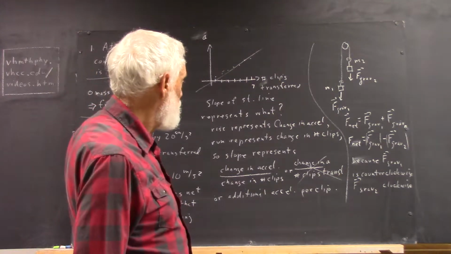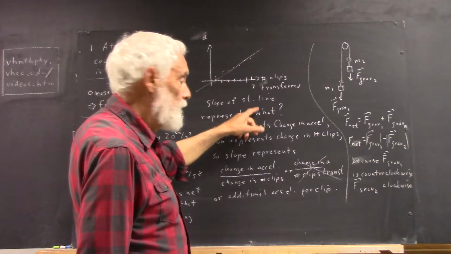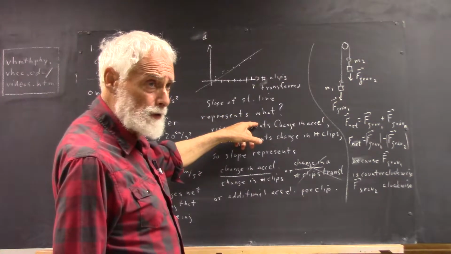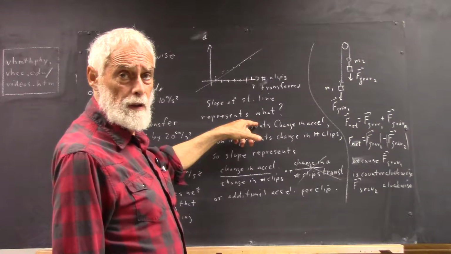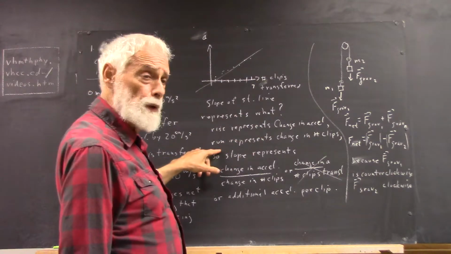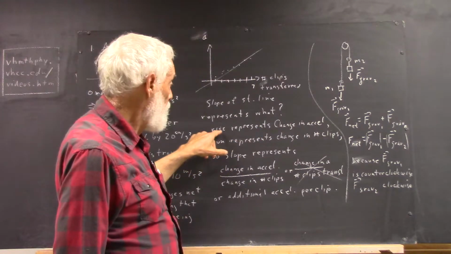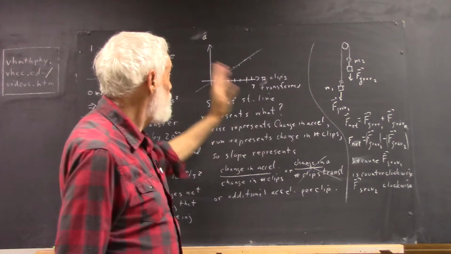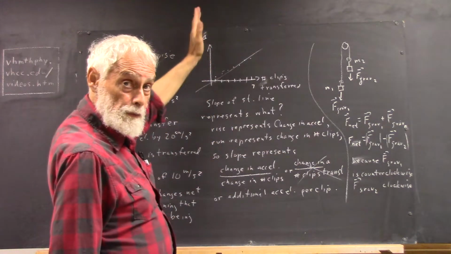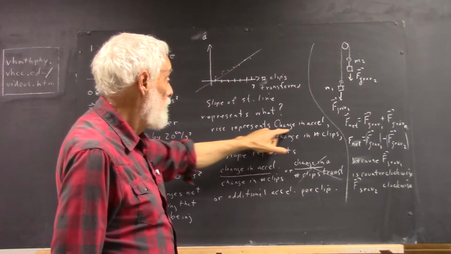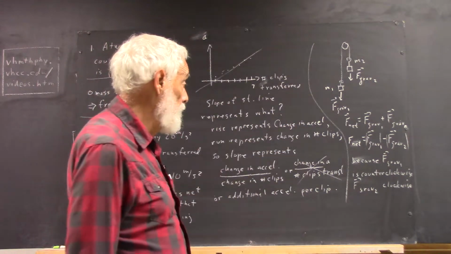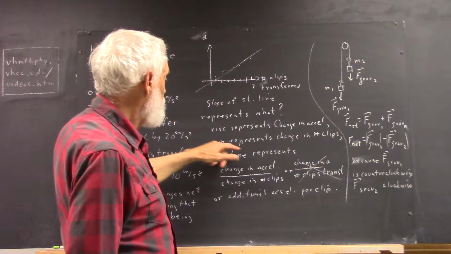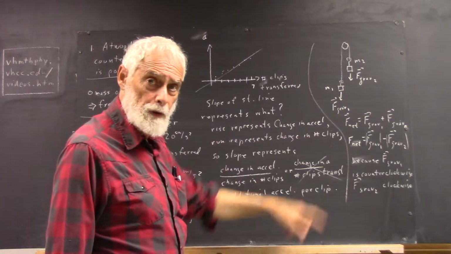Okay, well, to determine the meaning of the slope of a graph, the slope is rise divided by run. So what's the meaning of the rise and what's the meaning of the run? Well, the rise represents the change in whatever quantity you're measuring here. That's the acceleration. So the rise is a change in acceleration, and the run represents the change in the number of clips.